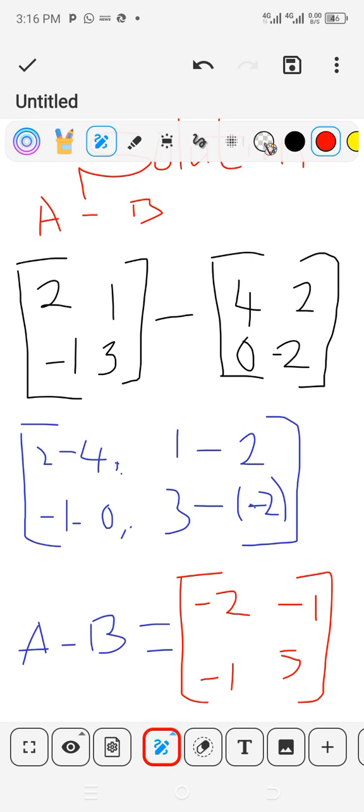So this is the solution of this matrix A minus B.